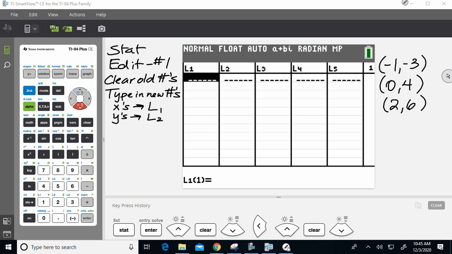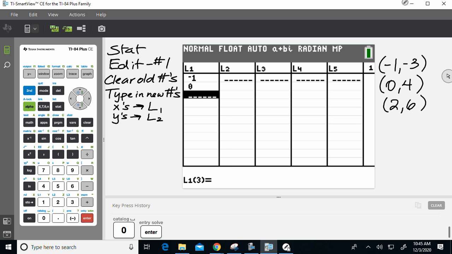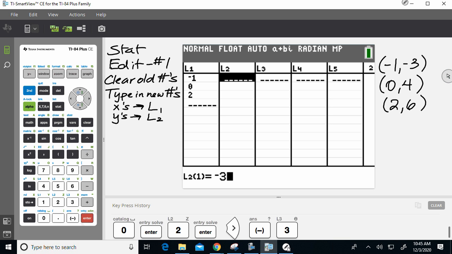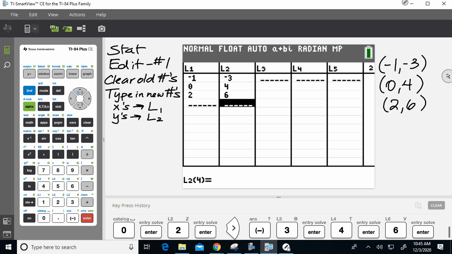So L1, type in the X values. L2, type in the Y values. Pause for a second. We have a couple people who are doing it along with us to catch up. If you have questions so far, please feel free to ask.